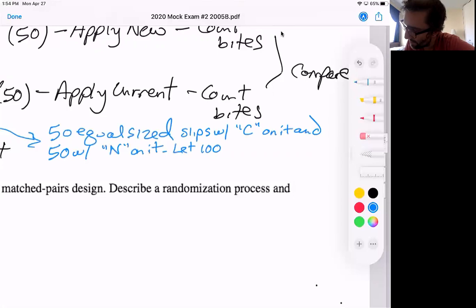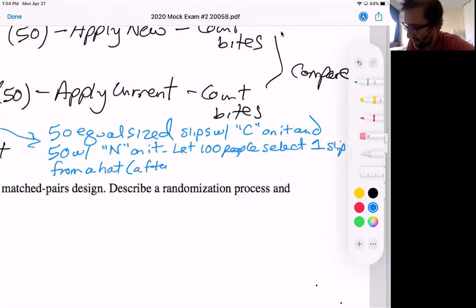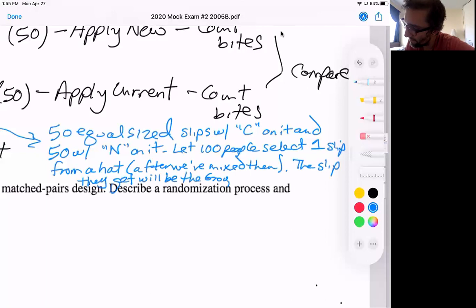We'll let the 100 people select one slip from a hat after we've mixed them, of course. The slip they get will be the group they're in, C or N.